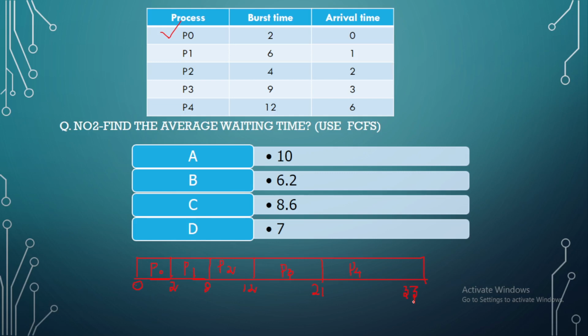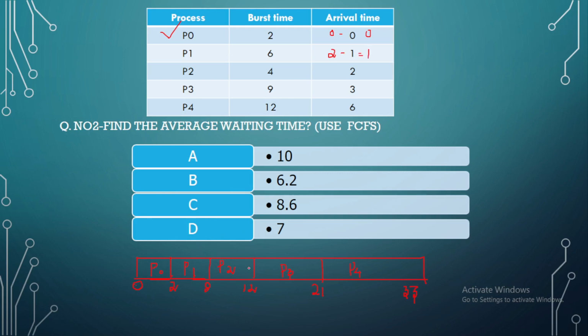Now we have to find the waiting time of each process. This is the shortcut. Process 0 starts its execution at the 0th second, so 0 minus arrival time 0. Then P1 starts its execution at 2 nanoseconds, so 2 minus arrival time 1 gives you 1.